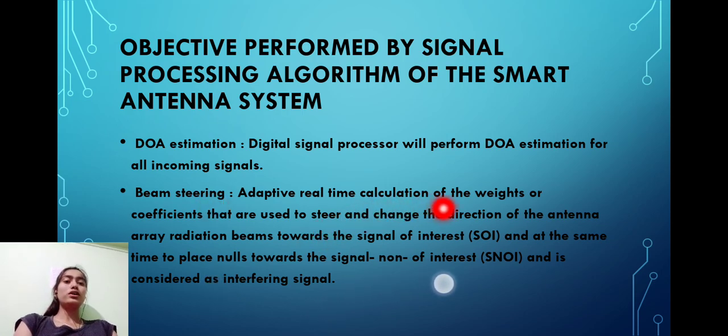It will perform the real-time calculation of the weights or coefficients that are required to steer the wave in the particular direction, and it will change the direction of the antenna array radiation beams towards the signal of interest, and at the same time it will place nulls towards the signals not of interest, which are considered interfering signals. It performs two operations: one is DOA estimation and the other is beam steering.